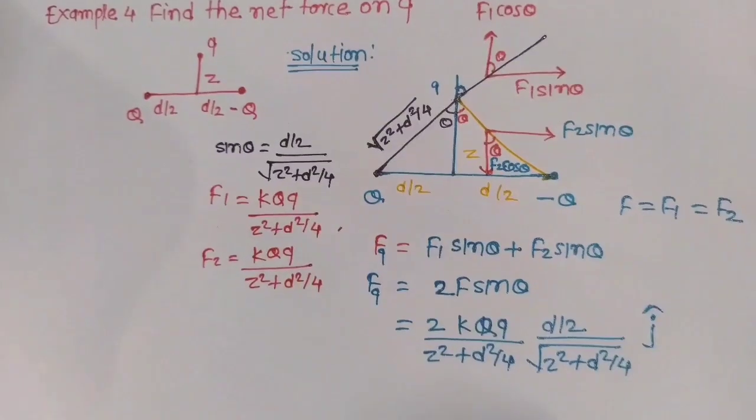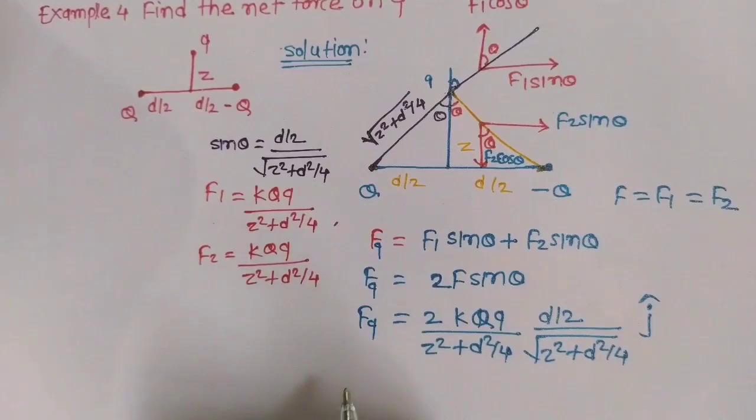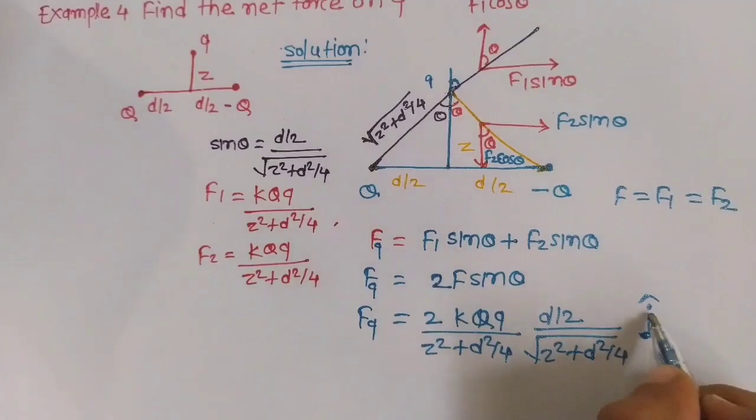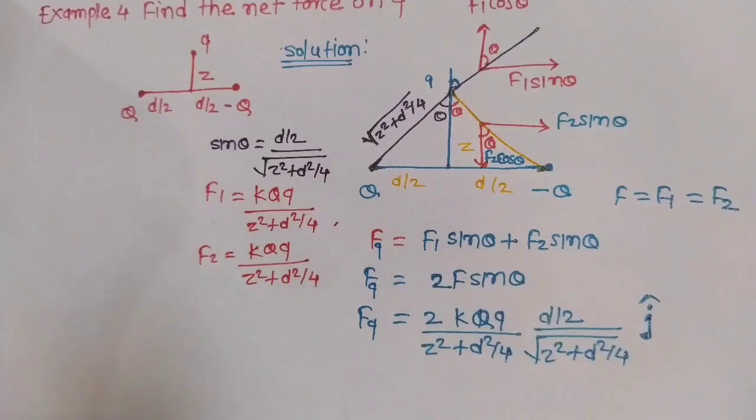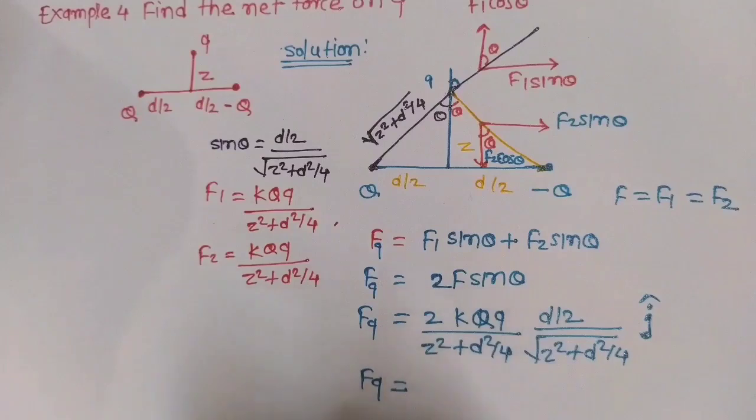It is I cap. It is only on the x-axis, the y component is cancelled. This is I cap. This is the net force on the charge Q due to plus Q and minus Q charges.